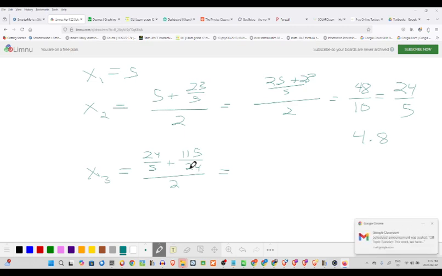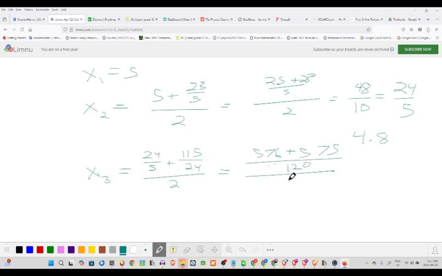So if we take our numerator, you're going to have 576, that's 24 squared, and 5 times 115, 575, all over 5 times 24, which is 120, and that's all over 2.